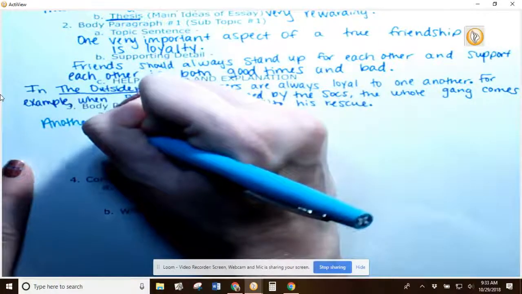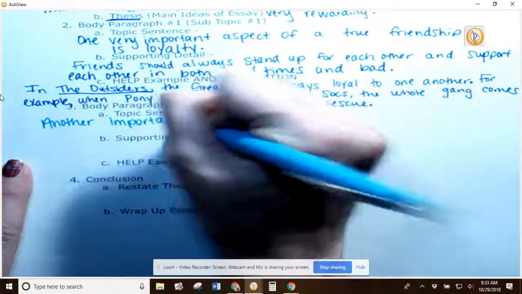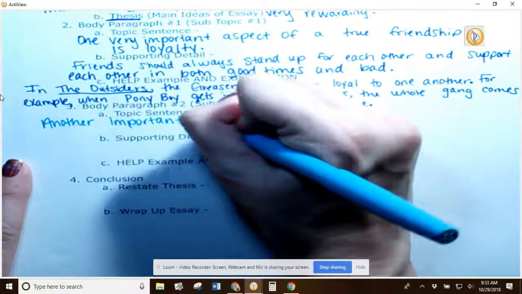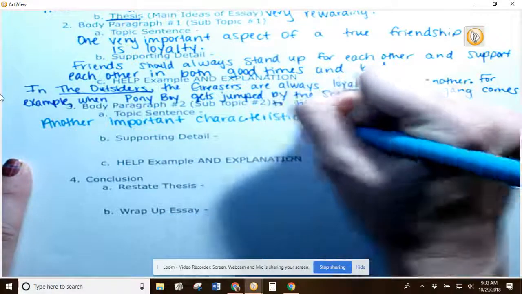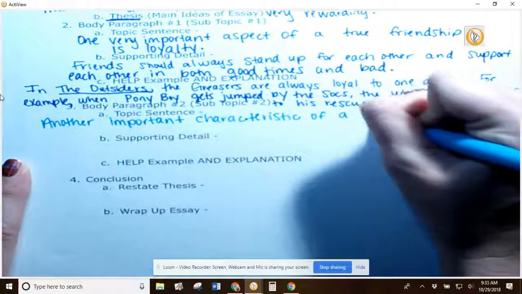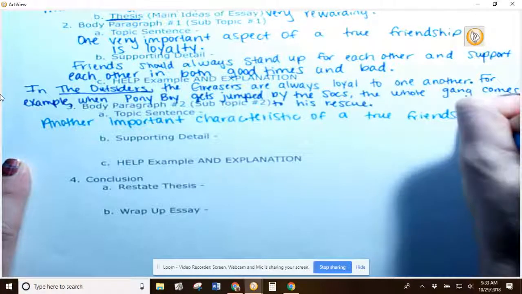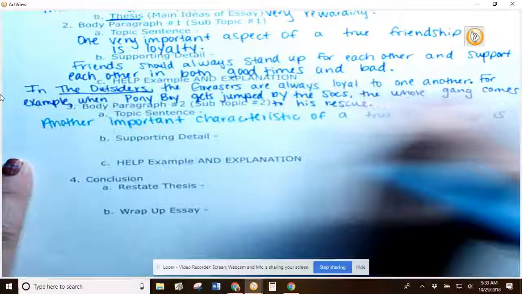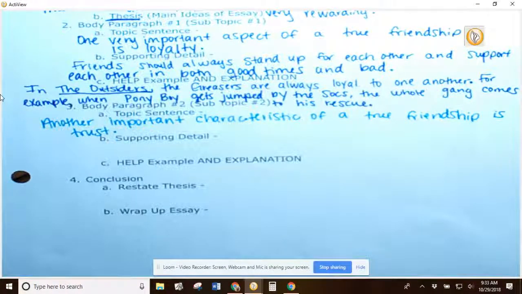Another important, let's use a different word besides aspect, characteristic of a true friendship is trust. Another important characteristic of a true friendship is trust.